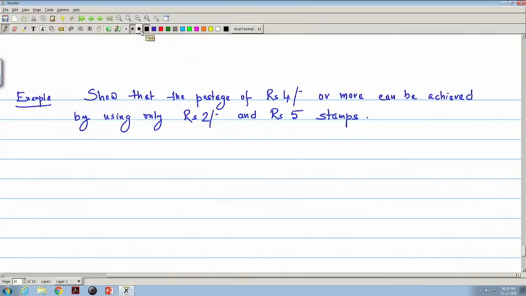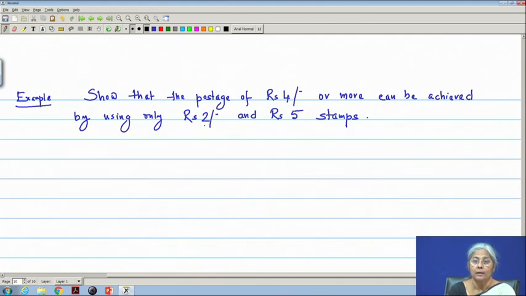See, since ₹2 stamps are allowed, if any n minus 2 postage can be achieved with ₹2 and ₹5, then what we can do?